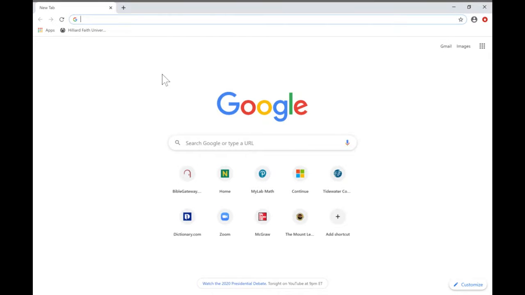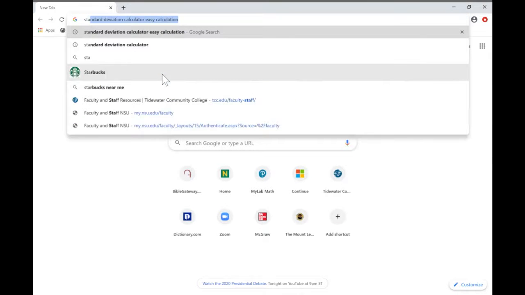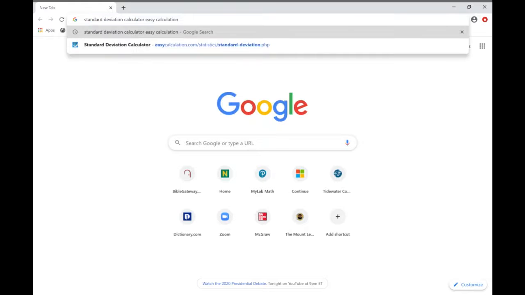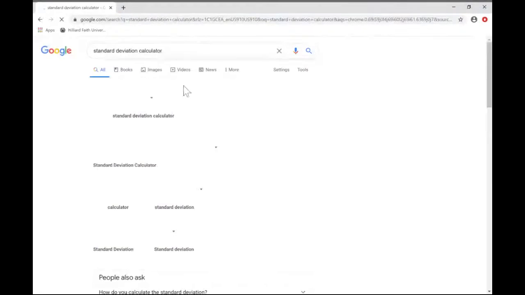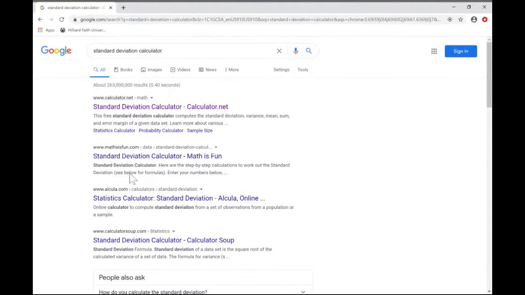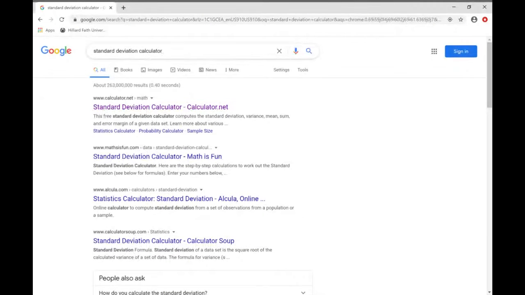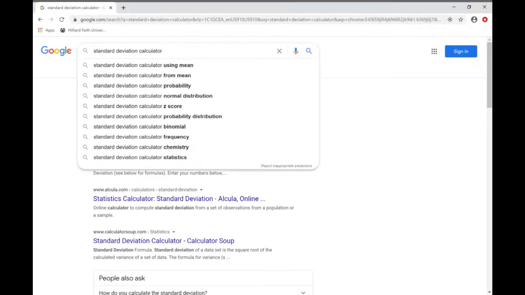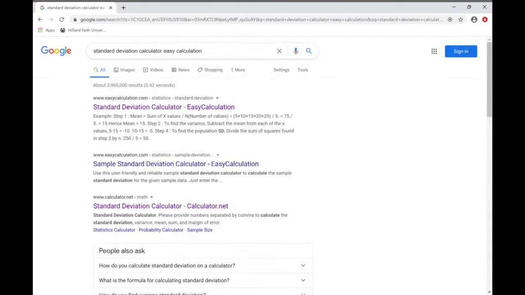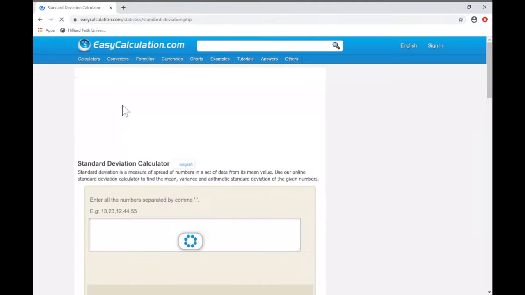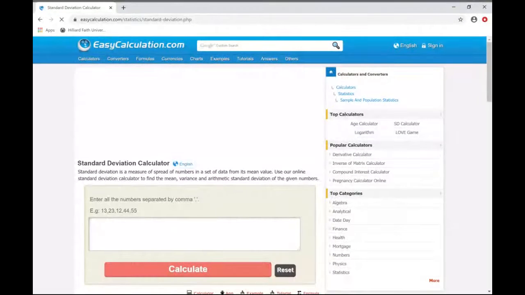All right. All I would do is type in standard deviation calculator. And you see a whole bunch of stuff will pop up, different things that you can use. And like I mentioned before, I like to use easy calculation though. So I'll do standard deviation calculator, easy calculation. Easy calculation pops up. Just make sure that whatever you use, you follow the directions that they give you.